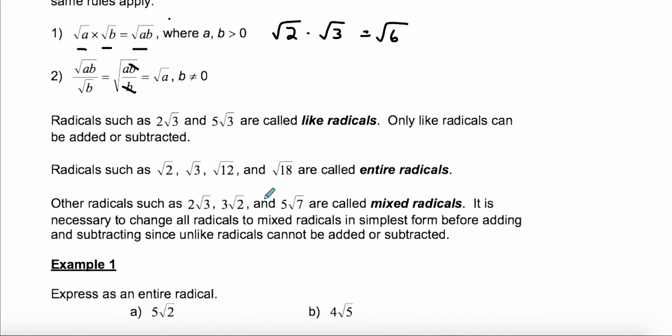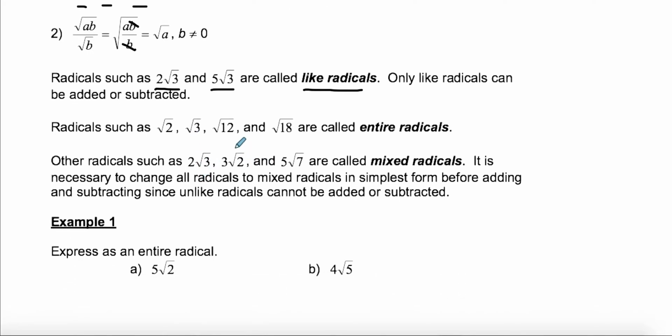One thing that you need to know, radicals such as 2 root 3 and 5 root 3 are called like radicals, just like terms when you learned about that before, like 2x plus 5x. So only like radicals can be added or subtracted. Radicals such as root 2, root 3, root 12, and root 18 are called entire radicals.